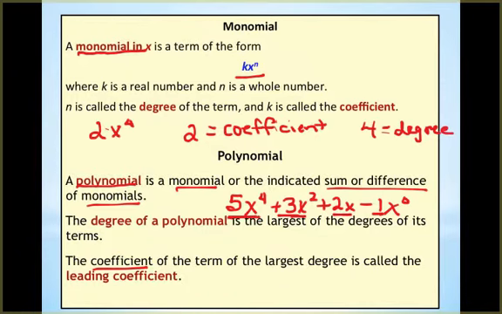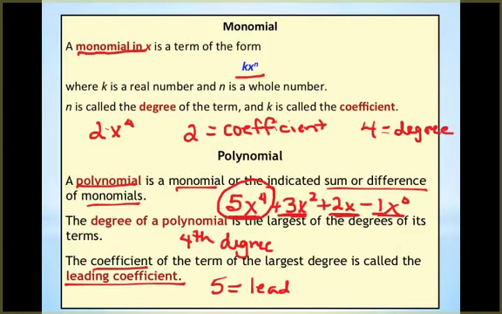The first term, 5x to the fourth, has degree 4. The second term is a second degree term, then first degree, and then 0 degree. So the degree of the entire polynomial would be 4, because that's the highest degree of all the terms. The leading coefficient is the coefficient of your highest degree term. Since x to the fourth is my highest degree, 5 would be the leading coefficient.